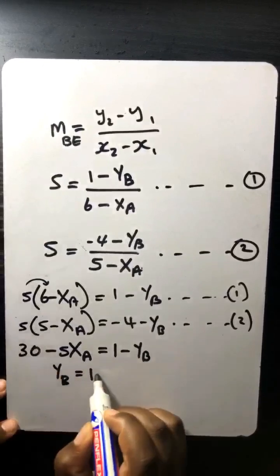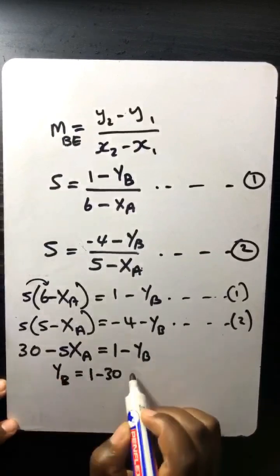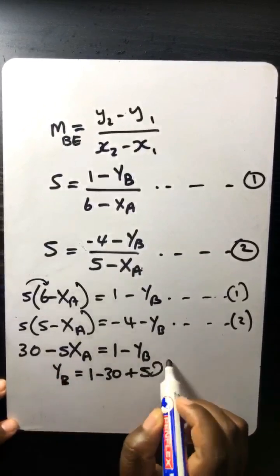You take this to the other side, it is minus 30, and this to the other side is 5x at A.